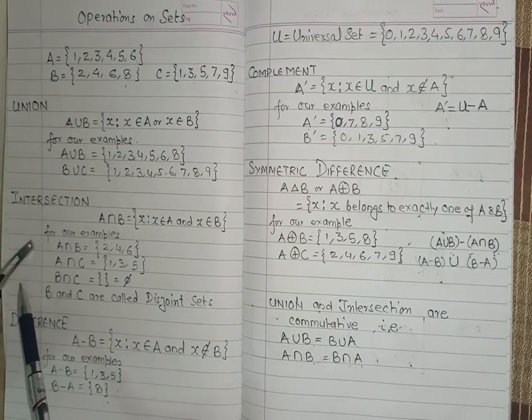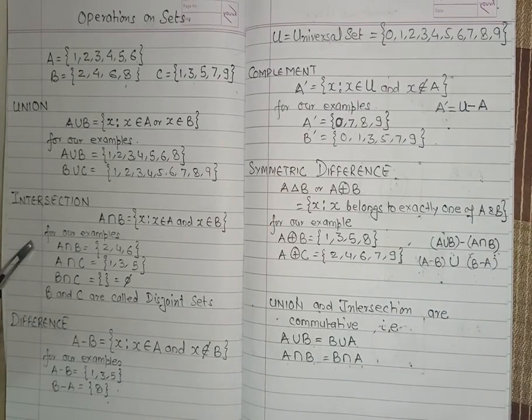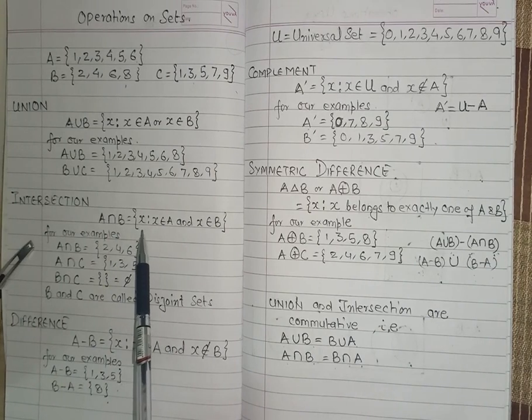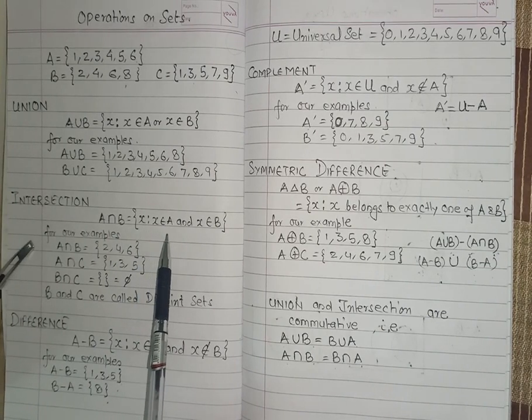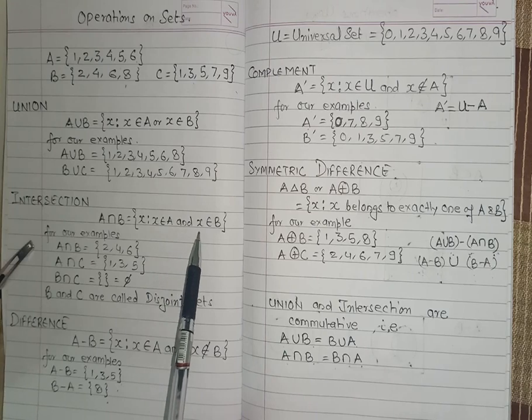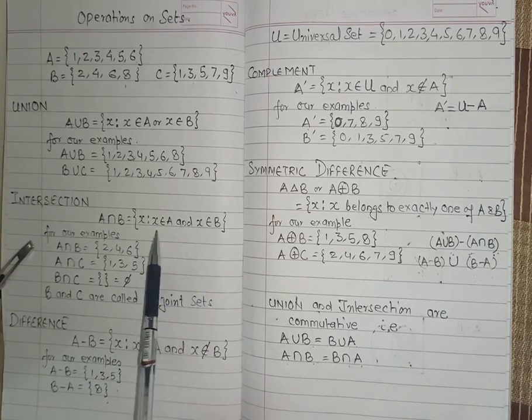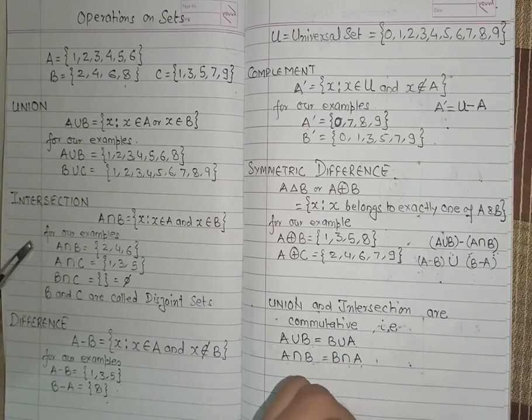The second operation is the intersection operation. The intersection of A and B is the set of all the elements which are present in A and which are present in B. That means this is the set of all those elements which are present in both the sets.